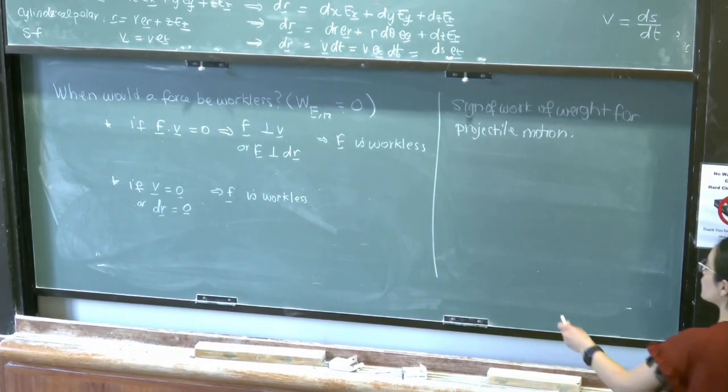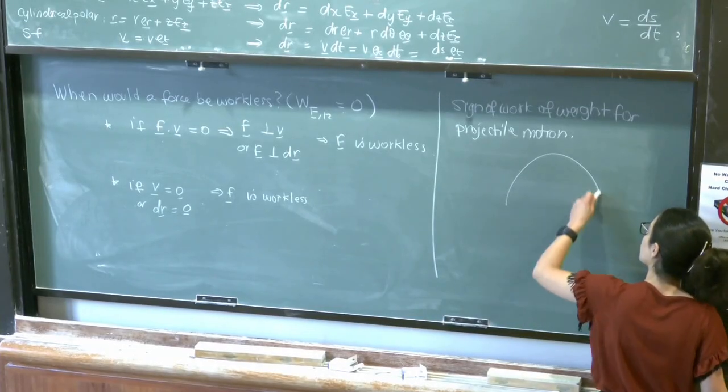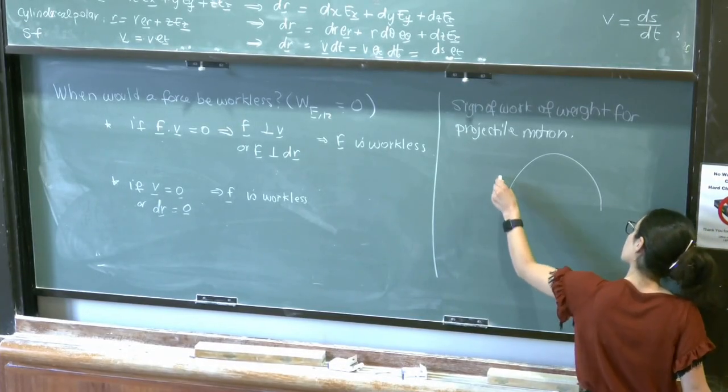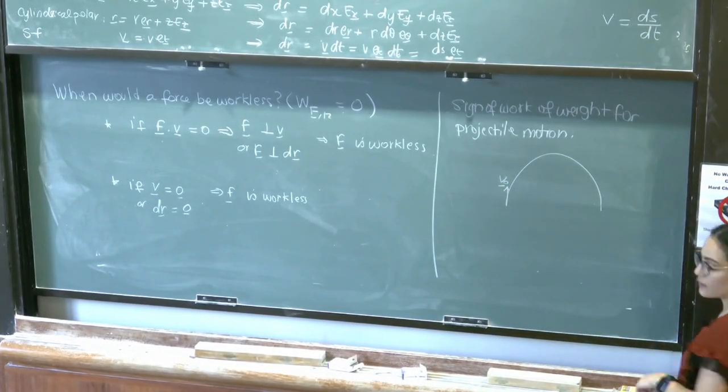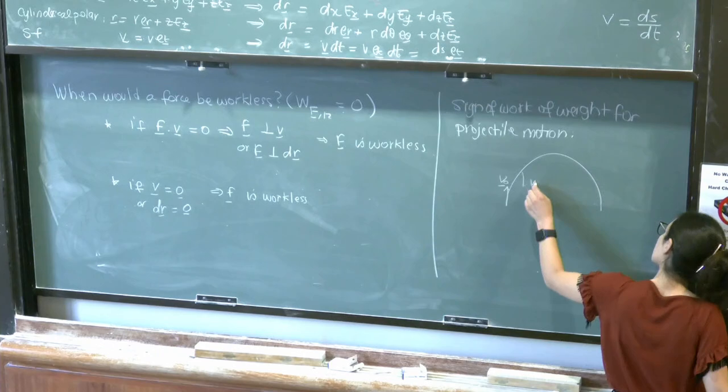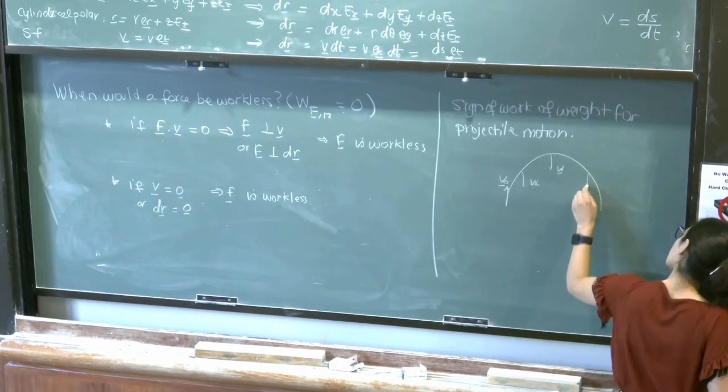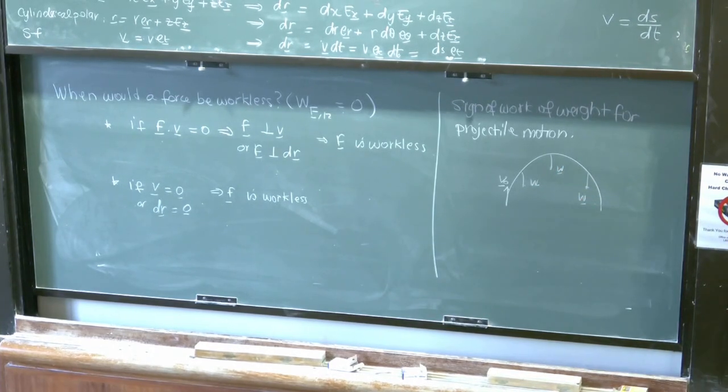Okay, so the trajectory is going to be parabolic, right? This is the trajectory of the particle. And the weight is always acting vertically downwards, right? Now, is the work of the weight going to be positive or negative? Think. What is it?